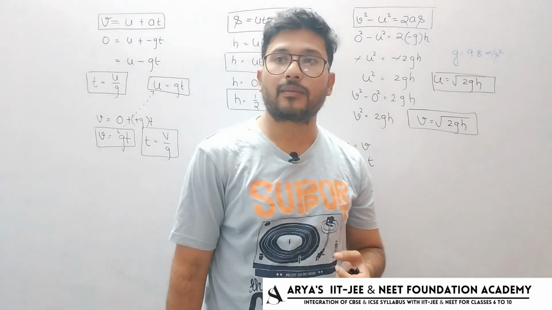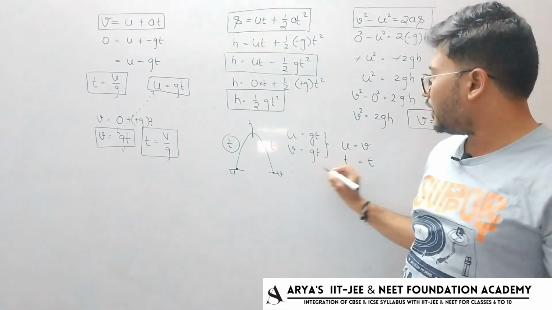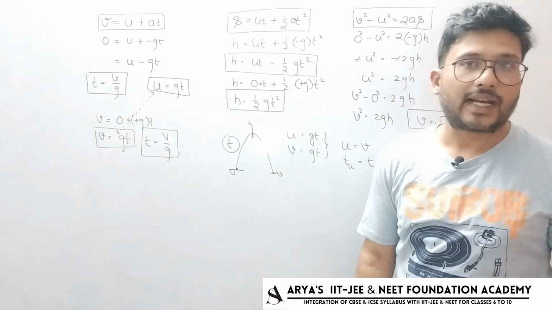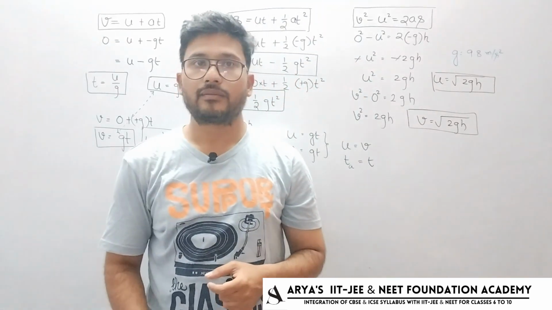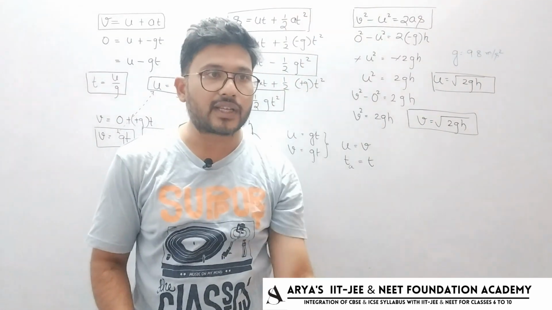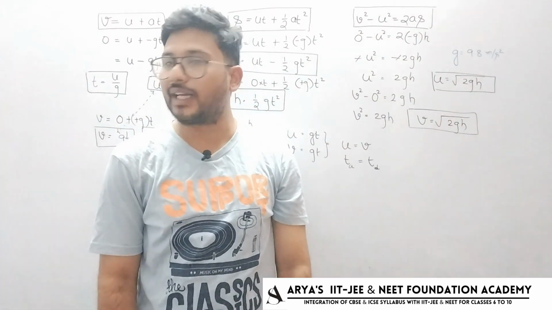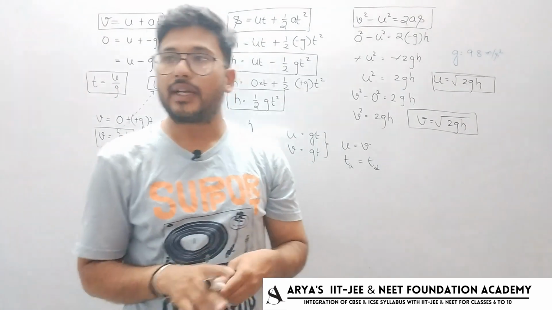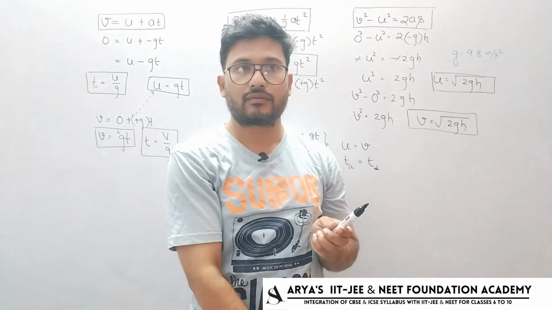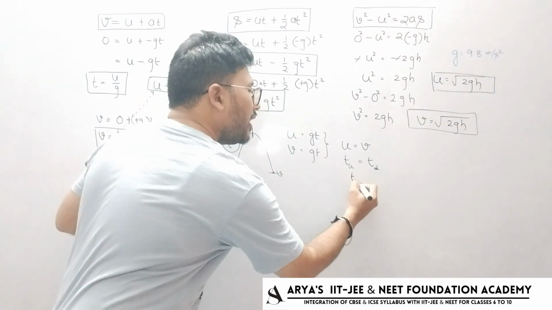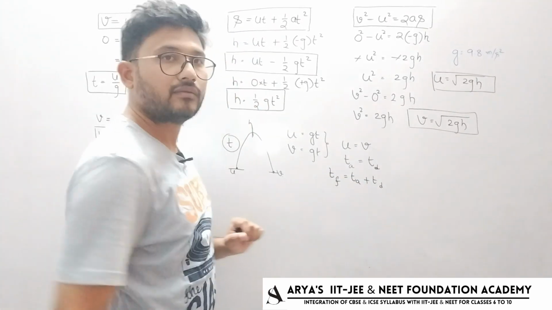Now there is one expression. Time taken to reach height, we will call it as TA, stands for time of ascent. And time taken to reach the ground is known as time of descent. Time of ascent and time of descent both are same. Time of ascent plus time of descent is equal to time of flight.